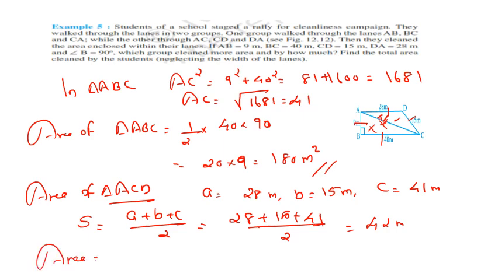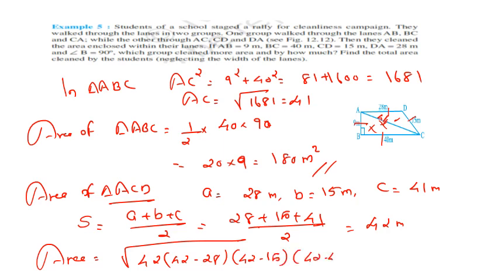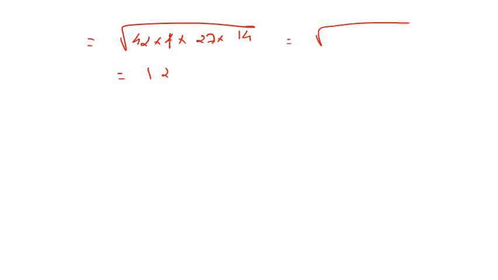Therefore, area is equal to root of 42 into (42 minus 28) into (42 minus 15) into (42 minus 41). So what is it? Root of 42 into 14 into 27 into 1. 42 you can write as 6 into 7.